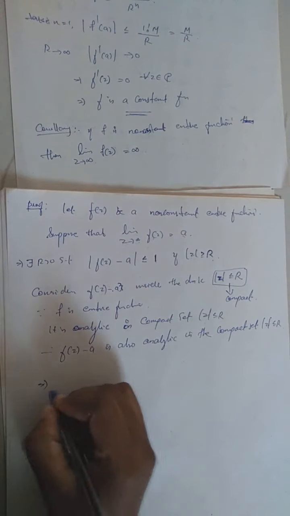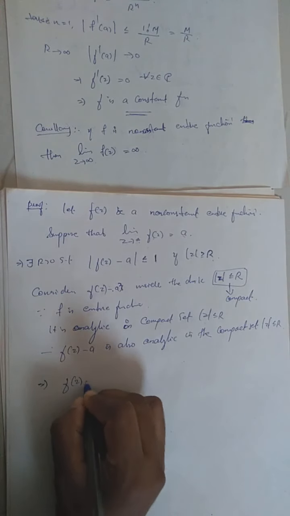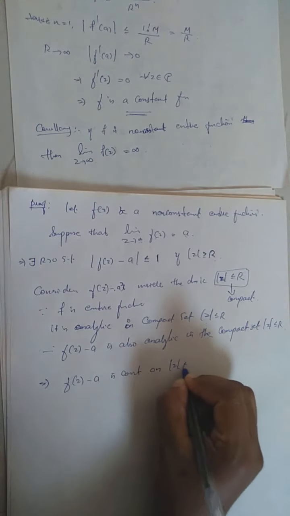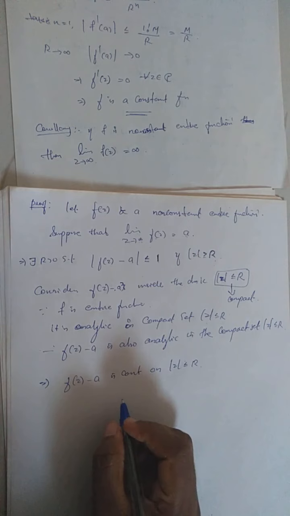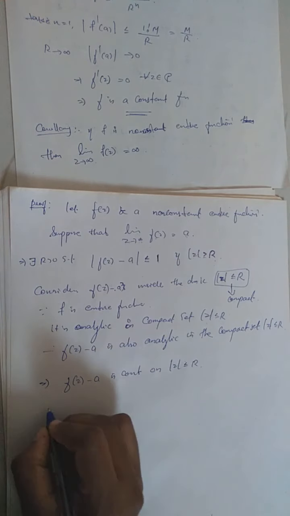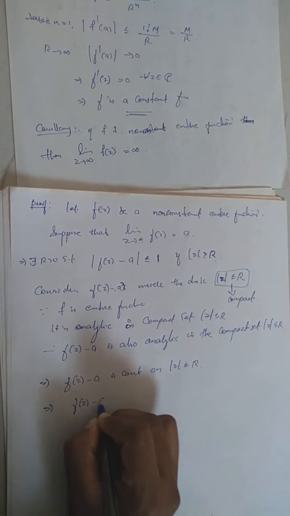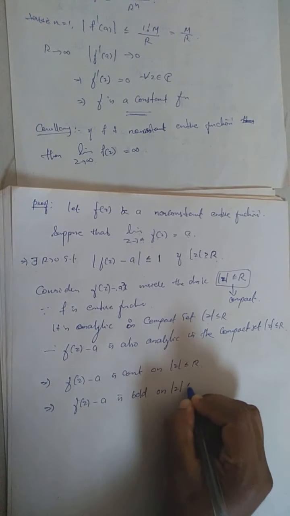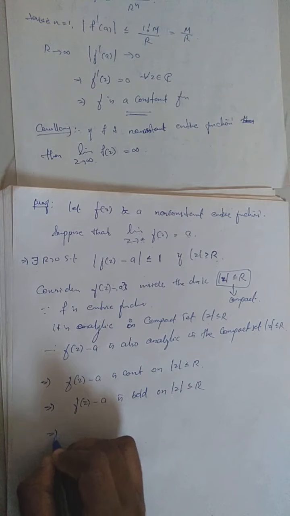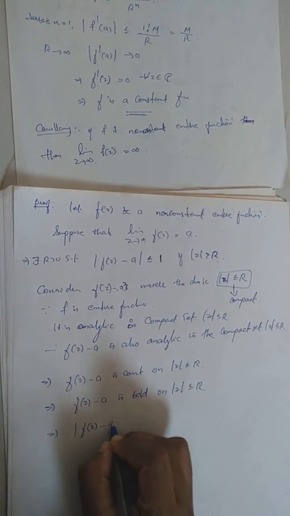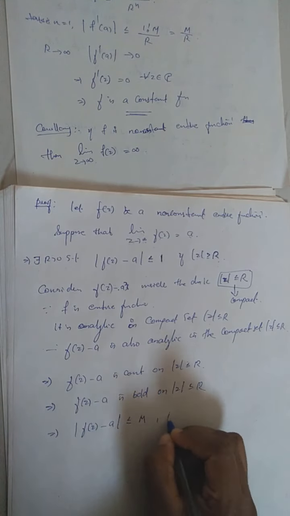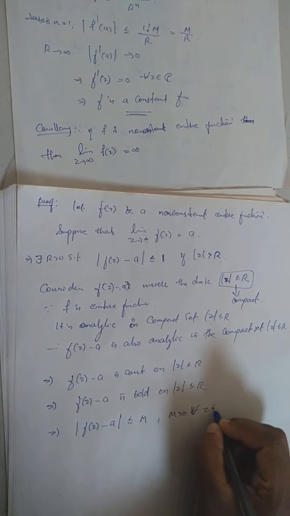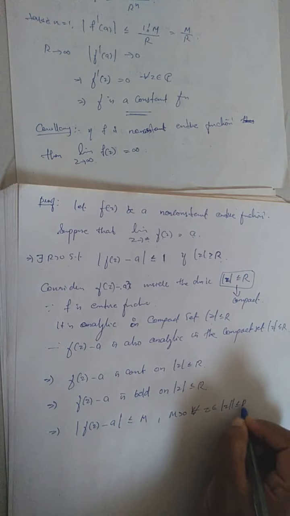So analytic functions are continuous. Therefore, f(z) minus a is continuous on mod z less than or equal to R. You know that every continuous function on a compact set is bounded. So which implies f(z) minus a is bounded on mod z less than or equal to R. So which means modulus of f(z) minus a will be less than or equal to some M, where M is greater than 0, for every z in mod z less than or equal to R.